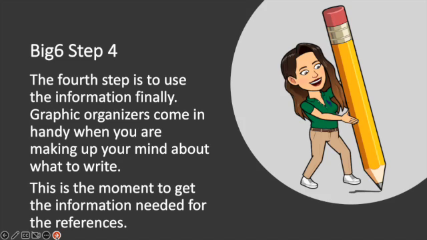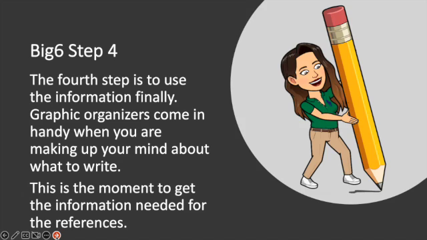Then we have step 4. In here, we use all the information. We write notes or type them into our computer as we're searching and reading articles and journals and watching YouTube videos. All of this information, we're going to write it down. You can use graphic organizers to make up your mind about what to write.